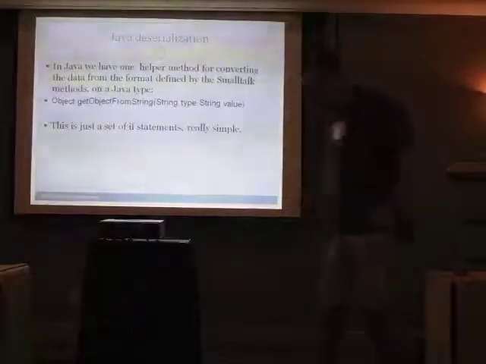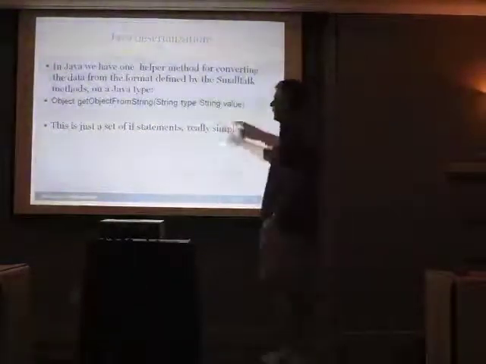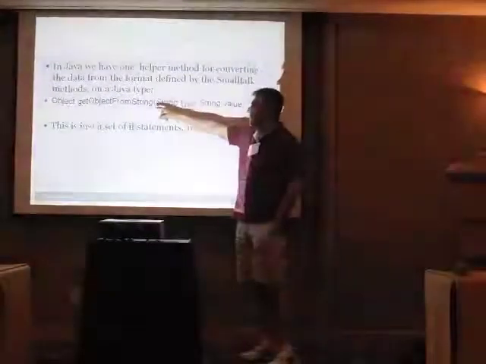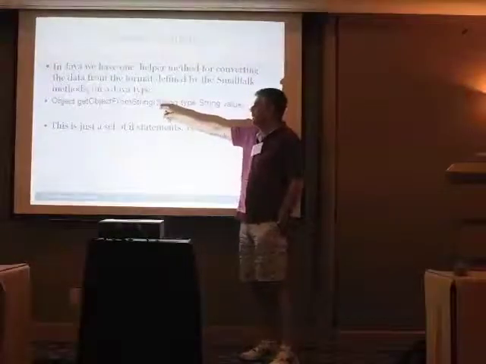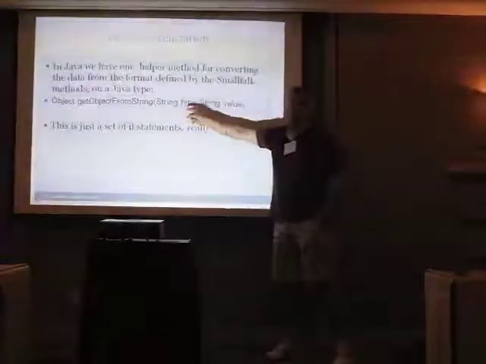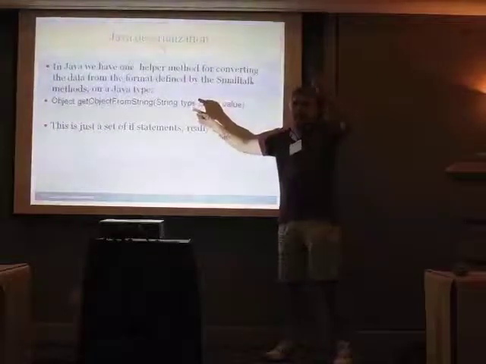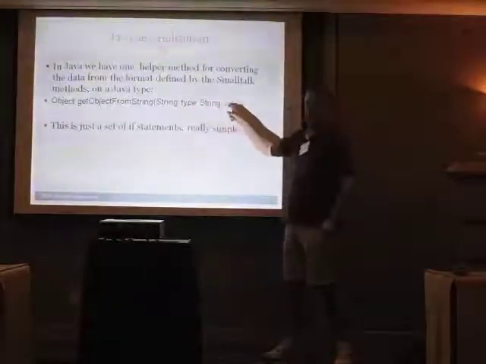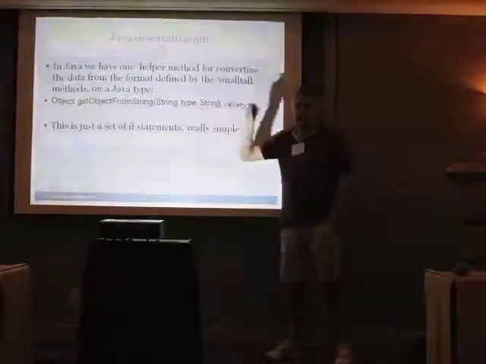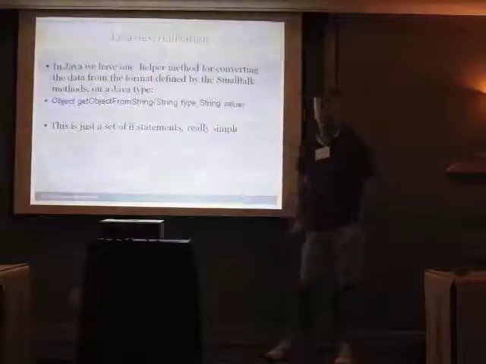Yes. On the other side, it was simple also because we did a method, getObjectFromString. It takes the type, that is the type sent in the URL, defined on the Smalltalk side, and the value from the query parameter, and it gives back the right object for Jasper Reports.